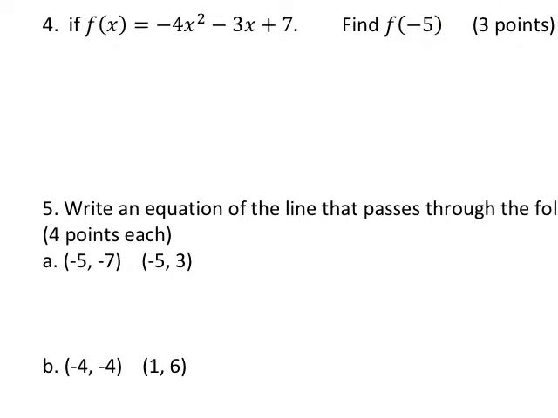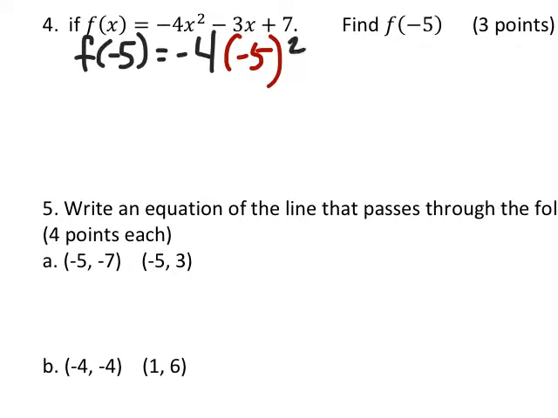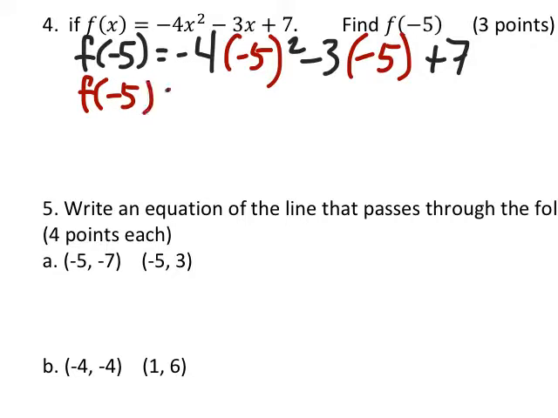Alright, so this function, it wants us to find f of negative 5 on number 4. So rewriting this, I'd have f of negative 5 equals negative 4, but I'm replacing x now with this negative 5, squared, minus 3, and again I replace x with negative 5, plus the 7. So I still have f of negative 5. This equals, first I have to do that negative 5 squared, which is 25.